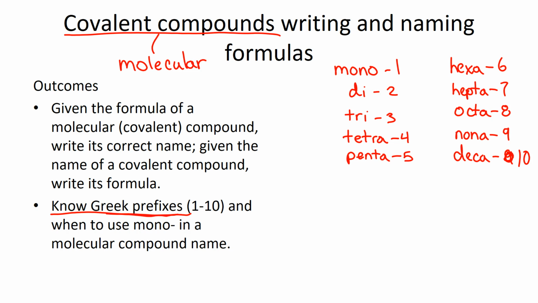All right. That's going to be very important in the naming. So the nice thing about covalent compounds, the name tells you exactly what's there. Versus ionic, ionic is relying on charge comparison, so that's how we determine the formula. Covalent, the name tells us exactly what's there. So there's a lot less to this one than there was to the other. So I'll give you all a minute to make sure.